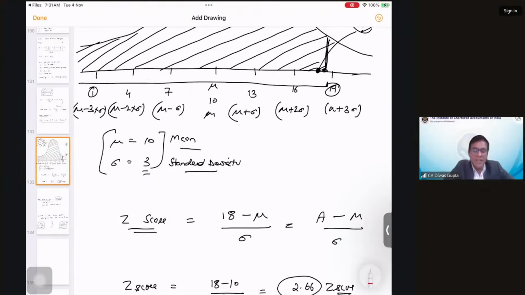A Z score is where you take your observation for which you're trying to find the area under the curve, which is let's say 18. From that, you subtract the mean and divide by the standard deviation. So that means for a standard normal distribution table, mean is 0 and standard deviation is 1.